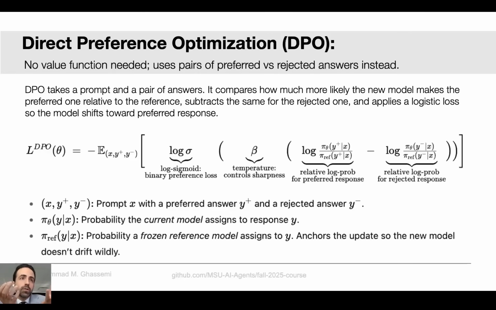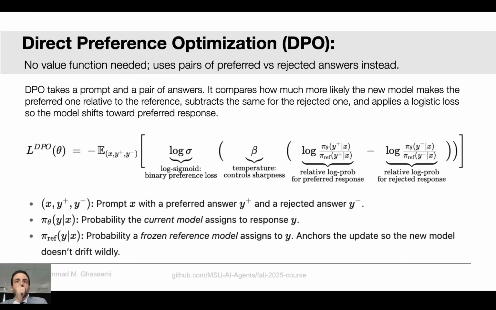You ask users which they prefer. I don't know if ChatGPT has ever done this to you, where it will give you two answers and ask you to select which of the two you prefer. When it does that, it's attempting to collect data for direct preference optimization. One question, same user, two answers. It wants you to tell it which you like more.